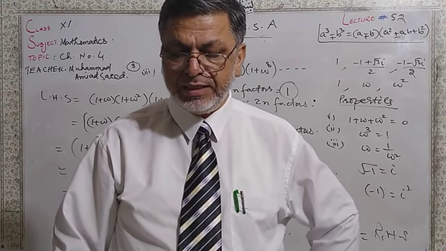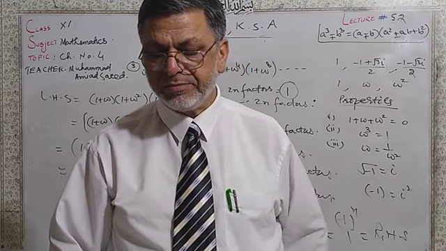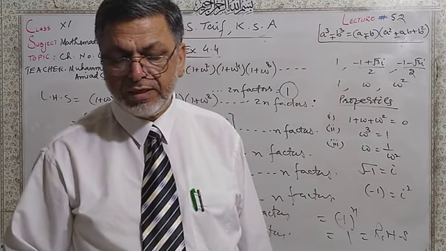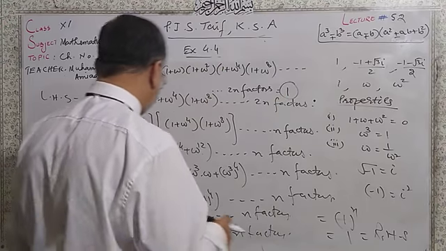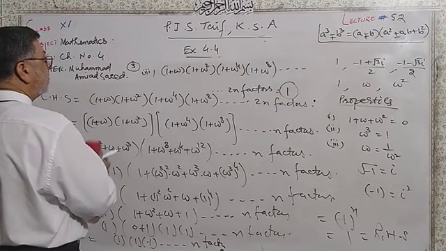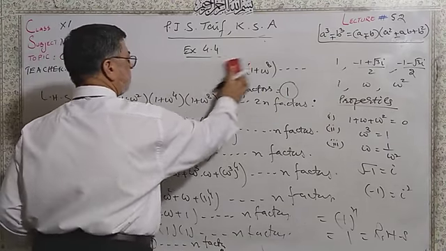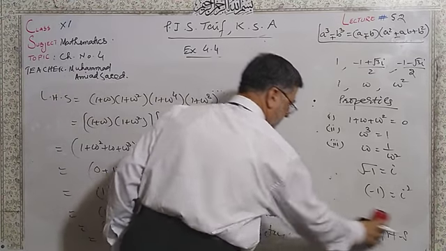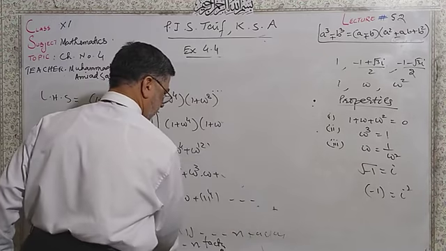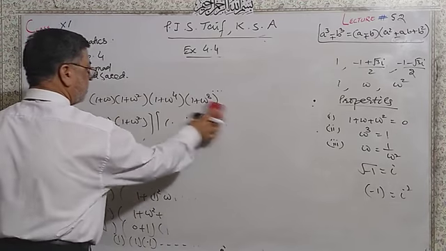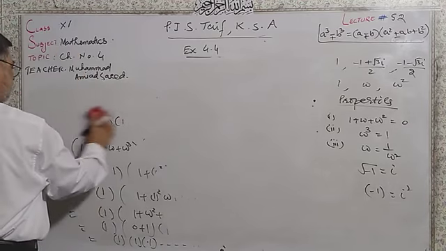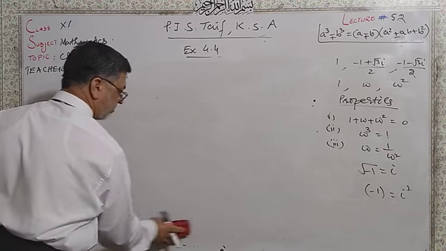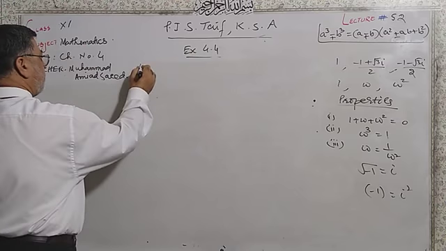Okay, if omega is the root of this equation, show that its other root will be omega square. Question number 4.